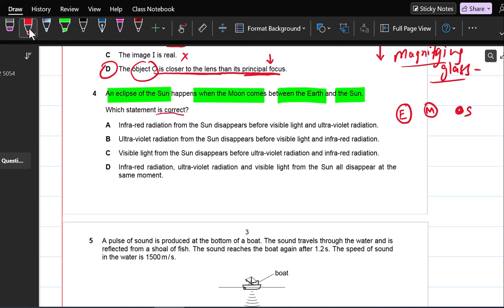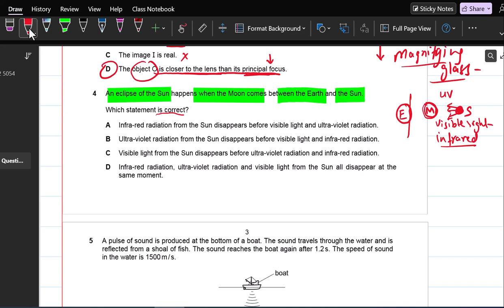So you know the sun is giving ultraviolet UV radiations, visible light and infrared radiations. So all the three radiations are not going to come to the earth now because the moon is in between this.